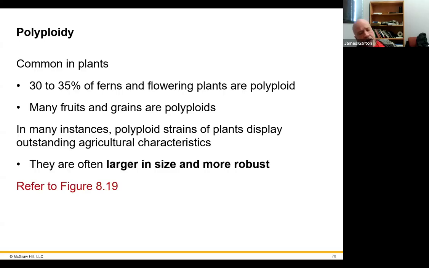And we humans have done this during crop domestication because polyploid plants tend to have bigger fruits and bigger seeds. And that is often the plant material we eat, fruits and seeds. So these polyploid plants tend to be bigger and have a bigger seed set and just healthier.